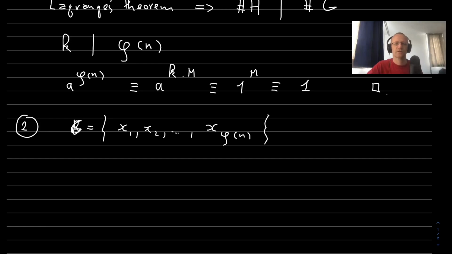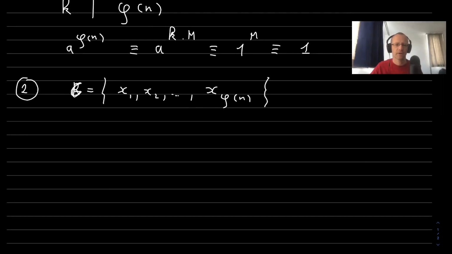These are all the elements of the group G. And then we consider the set aG. Remember that a is an element of G, and therefore aG is again this set, perhaps written in a different order: ax1, ax2, all the way to ax phi n, and this set is equal to G.